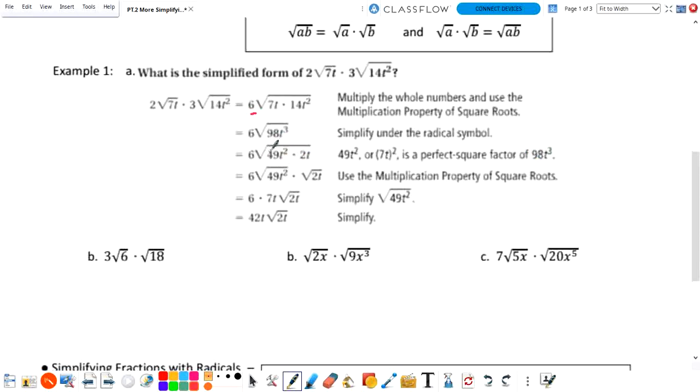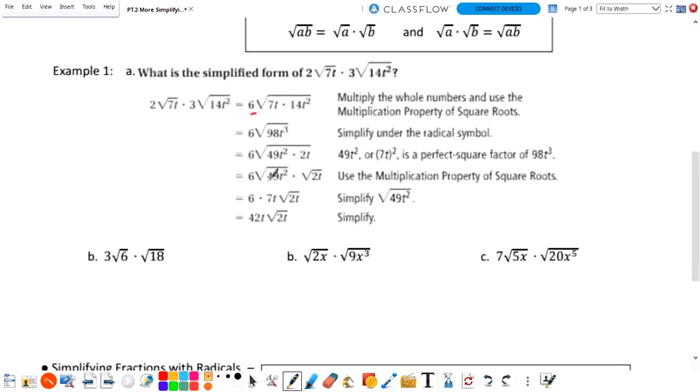So 49 is a factor of 98, and we can make it a perfect square, and then we're going to leave that 2t. So we're kind of just factoring this out. Our 6 comes down every time, and we have the square root of 49t squared, and the reason that we've separated this is because we're going to be able to simplify this 49t squared, times the square root of 2t.